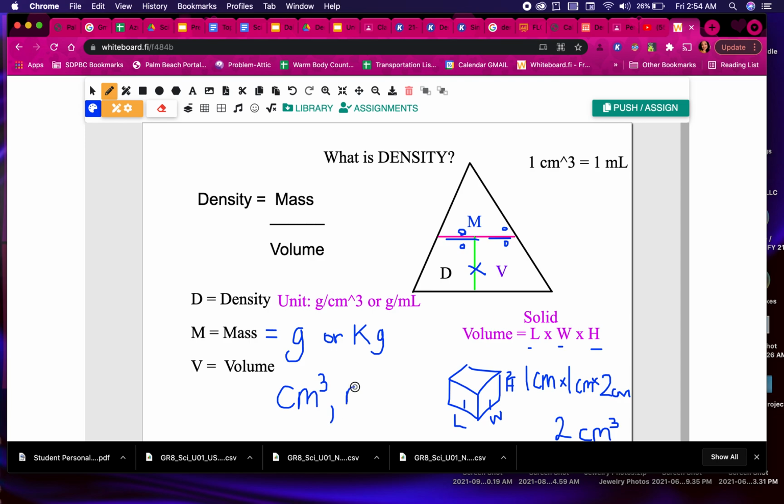Another way, unit-wise, is milliliters. And sometimes they might even give it to you in meters cubed. So once again, the units of volume are most commonly represented in centimeters cubed, meters cubed, and milliliters. The unit of mass is represented in grams or kilograms.